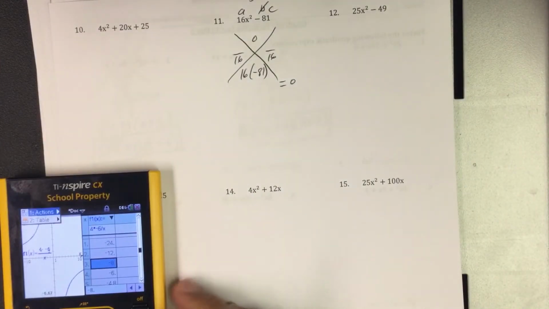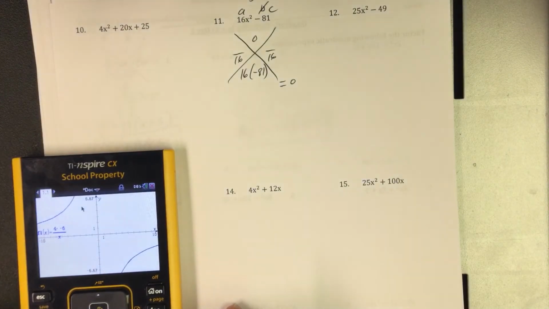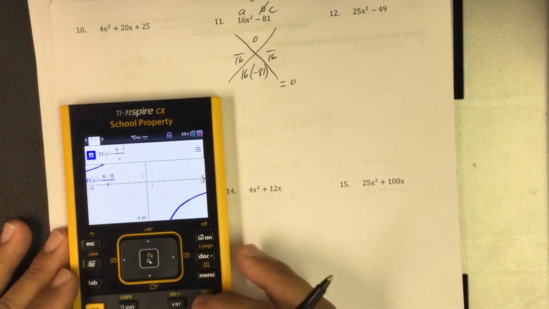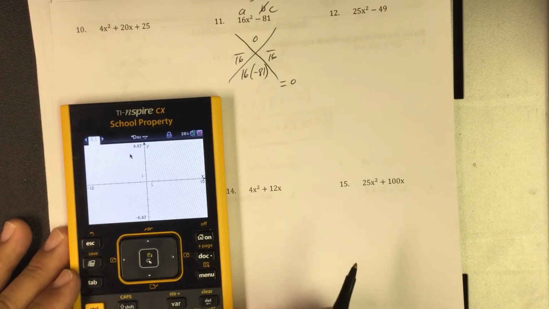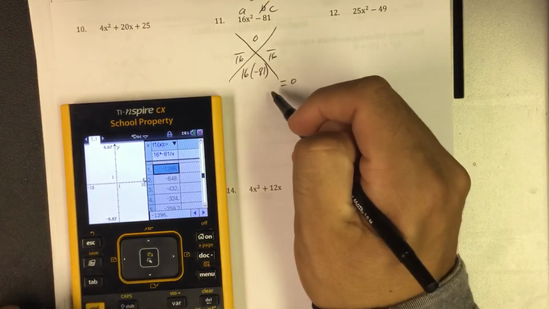Don't freak out. Again, remove the table. Go up in there, really big number, 16 times negative 81. And then here's the deal.